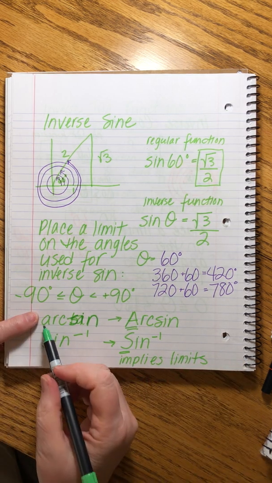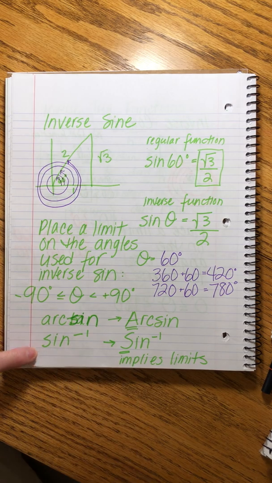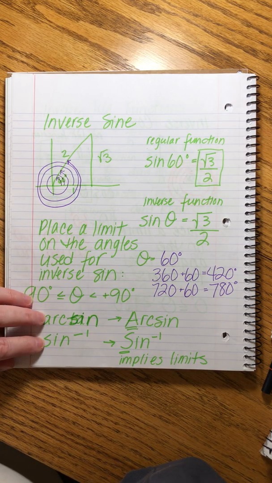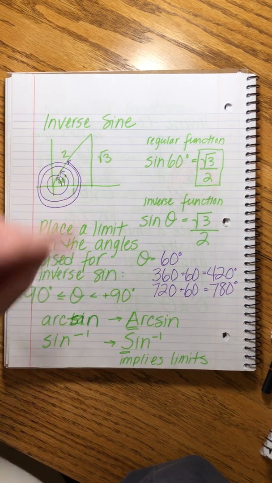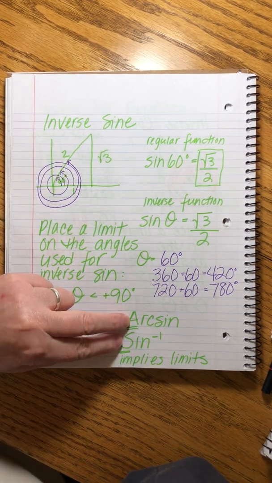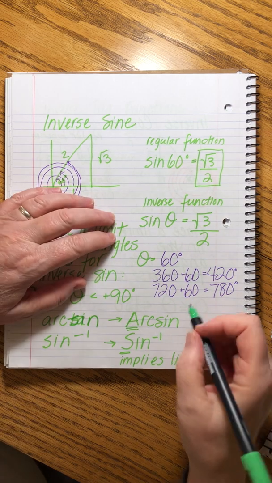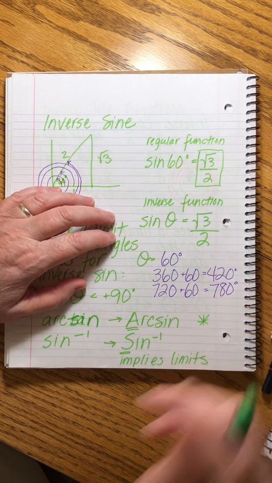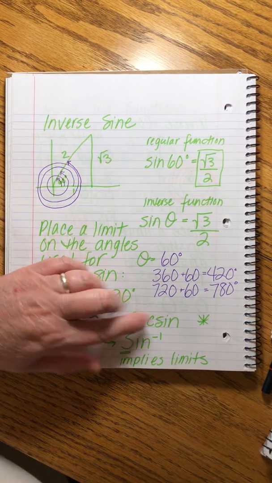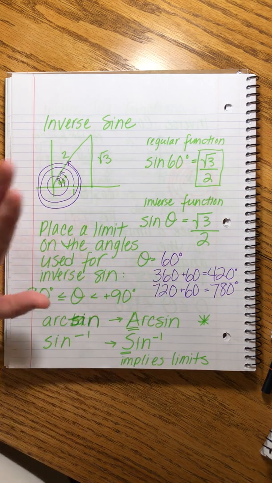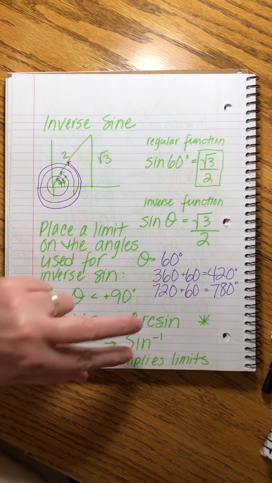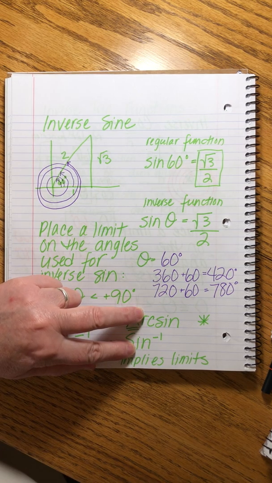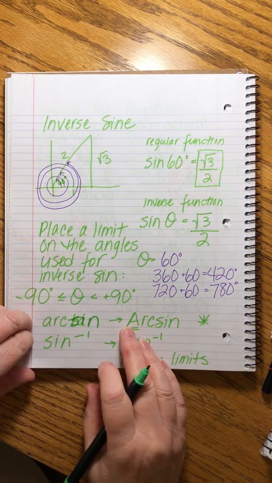If you see the lowercase versions of this word, you go, oh man, I have to find an infinite number of spins that all will end at this proper point. But if you see the uppercase A and the uppercase S, and this is usually the one that John prefers to use, that means, no, you don't have to list them all, just list the ones that are within the limit. All right, so these are your friends. When you see those capital letters, you go, whew, happy days.